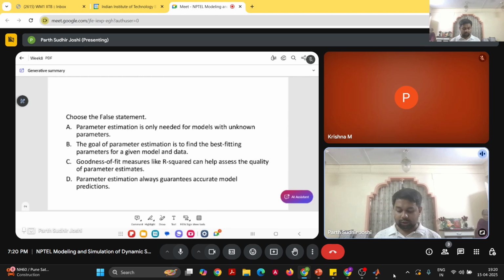Goodness of fit measures like R squared can help assess the quality of parameter estimates. And then parameter estimation always guarantees accurate model predictions. So which one do you think is a false statement?